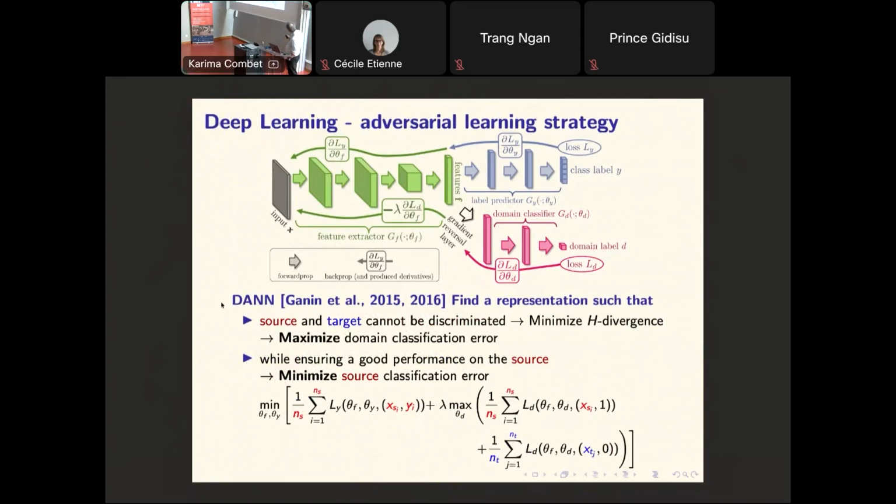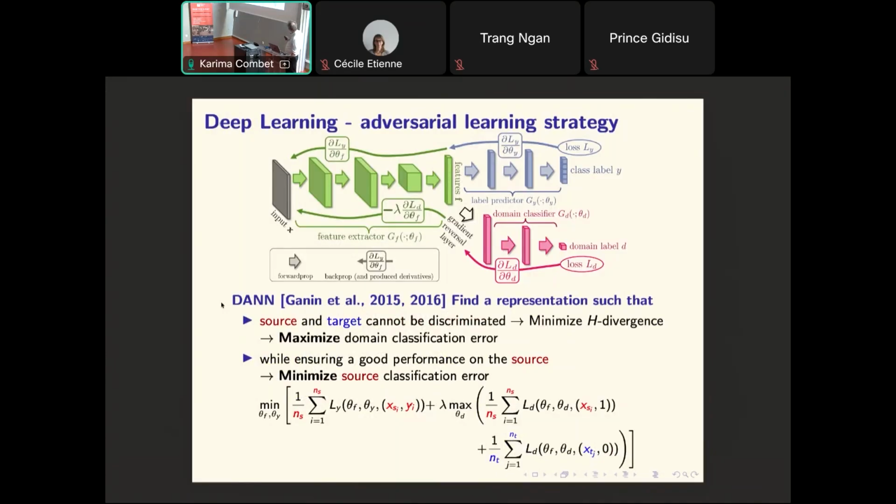For this purpose, you have an architecture. On the top, this is the architecture for classifying your labeled task. And at some point, to control the feature space here, you have another subnetwork that is called a domain classifier that will try to check if we can distinguish the two domains from this feature space.